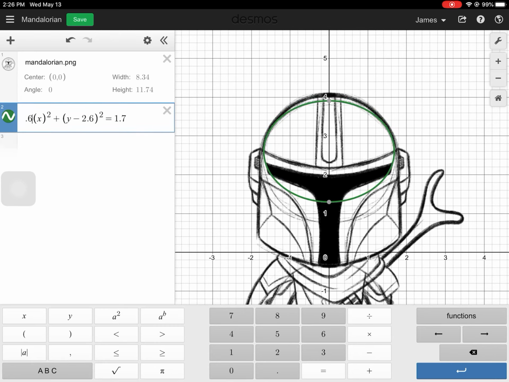That's looking pretty good there. Let's change this a little bit. 0.8 was too much, 0.7 was a good shape, 0.6 was where we're at. I want to get that shape to it, so let's try 0.7 again. And then I'm going to increase the radius just to make it bigger.